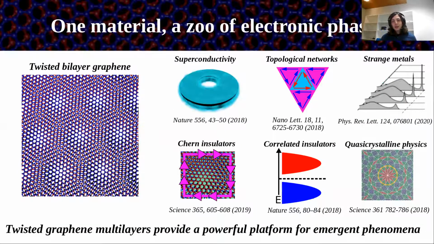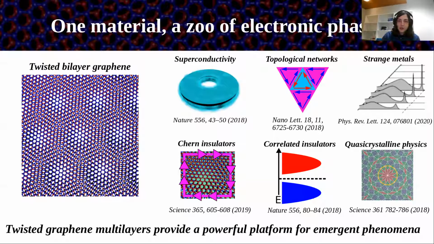One of the most inspiring results that have motivated this field is this notion that if you just focus on the simplest van der Waals twisted heterostructure, which is twisted bilayer graphene, a system made only of carbon atoms, just depending on these teeny tiny details like twisting angle, specific substrate, or electric field, you can realize a whole plethora of correlated states, including superconductivity, topological networks, strange metals, Chern insulators, different forms of correlated states, and even quasi-crystals. And this is just with two layers of graphene, just with carbon.